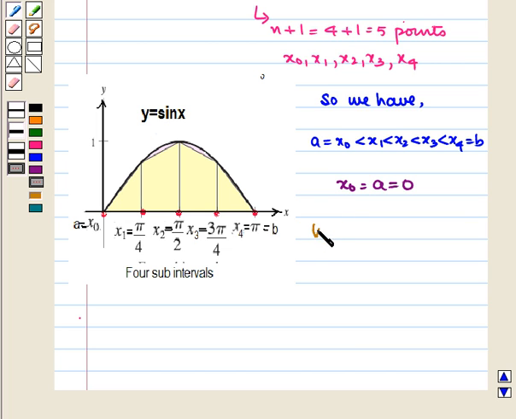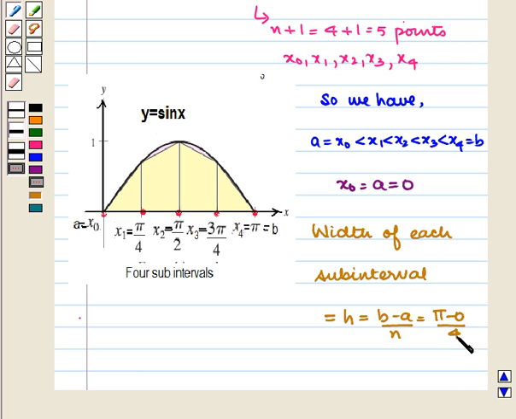Width of each subinterval will be equal to h, which is equal to b minus a by n, that is pi minus 0 by 4, which is equal to pi by 4.